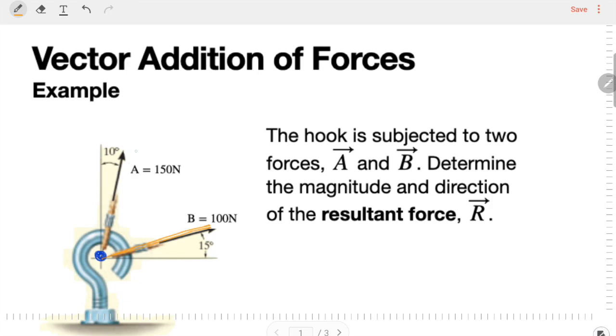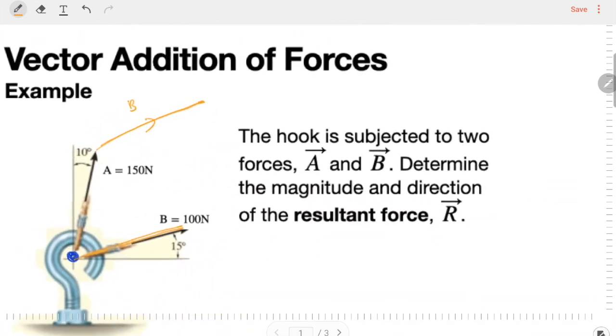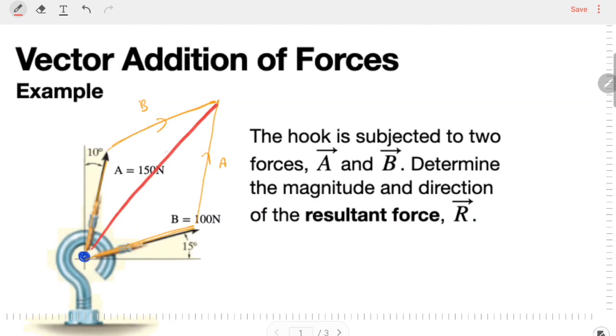So in this question, they want us to calculate the magnitude and direction of the resultant force, R. The first step is you have to construct the parallelogram diagram so that you can estimate the position or direction of your resultant vector. So this is how my parallelogram diagram looks like, and the resultant force would be a diagonal line crossing from the tail to the head of both vectors.